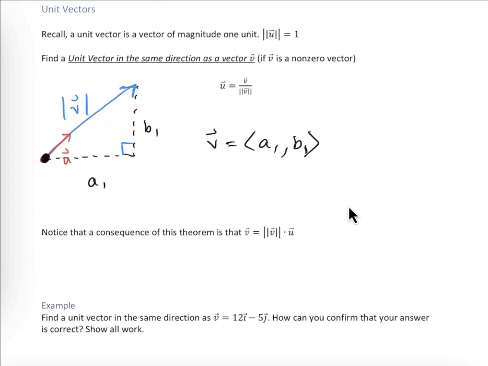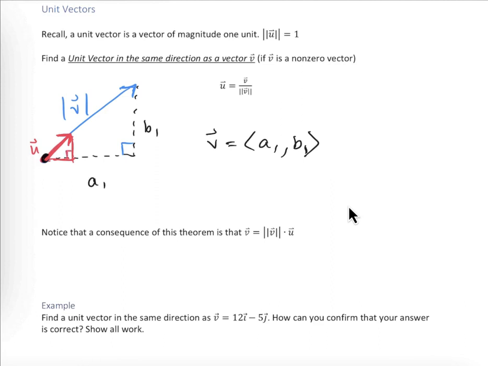So if I wanted to shrink this hypotenuse side, or shrink down vector v to being in the same direction but only 1 unit long, so that it's a unit vector in the same direction as v, then we could create a smaller right triangle like this, where we would need to figure out the components of this smaller right triangle.